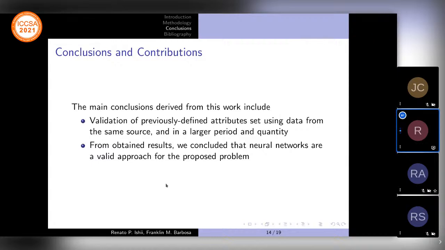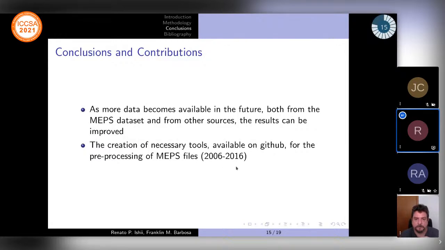Our main contribution is to validate the prevalence of the defined attributes. We concluded that neural networks are a valid approach to deal with such a problem. And as more data becomes available in the future, both from the MAPS dataset or another dataset, the results can be improved.